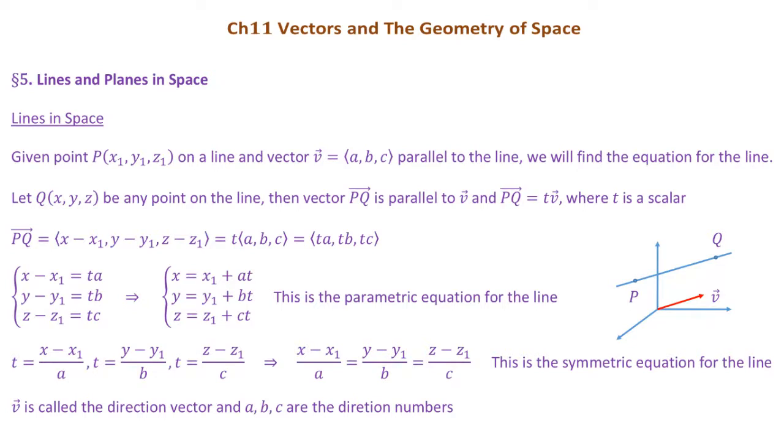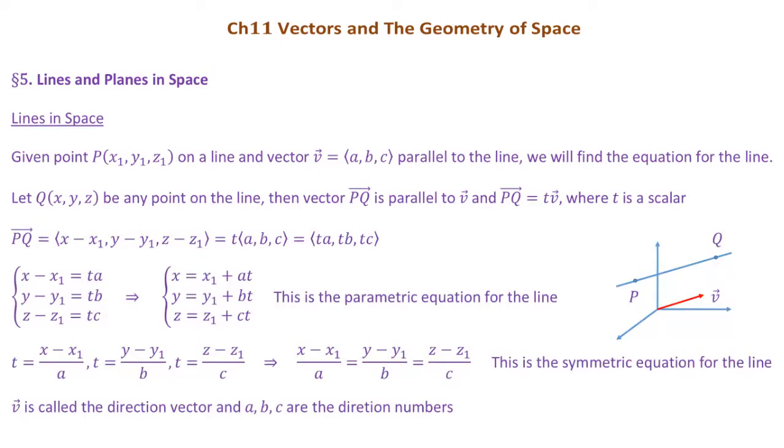That's the vector PQ, and it has to be equal to t times v, as we said. So that's t times a, b, c, where a, b, c are the components of v. Using properties of vectors, we can distribute t inside the components of v, so we get ta, tb, tc.